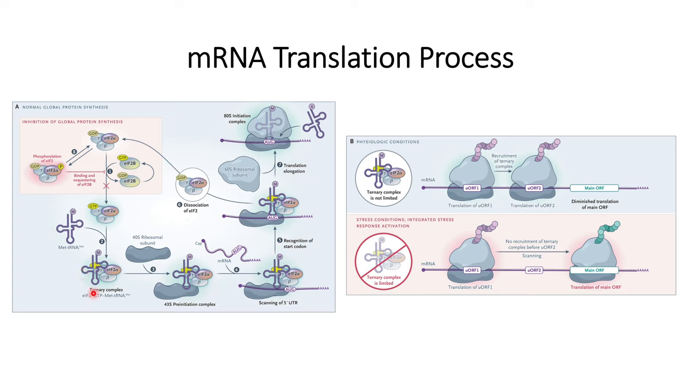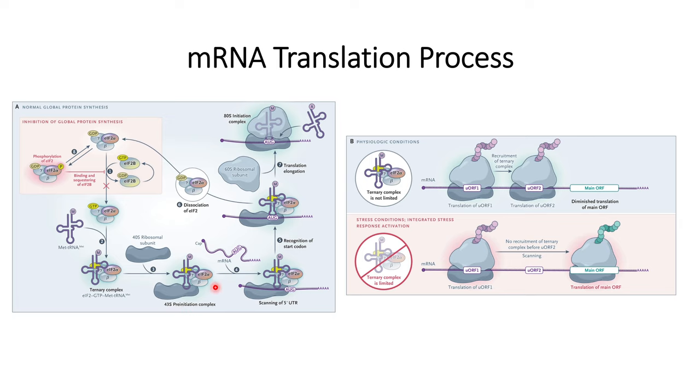This ternary complex will attract the small subunit of the ribosome, that is the 40S subunit, and along with that it will also attract other initiation factors, and together it will form a 43S pre-initiation complex.